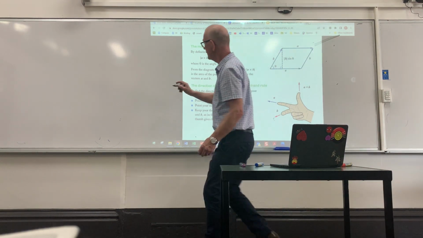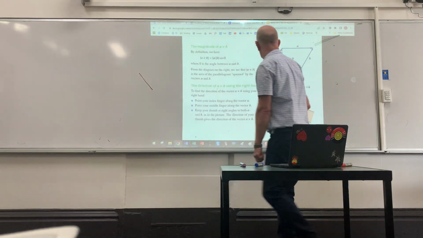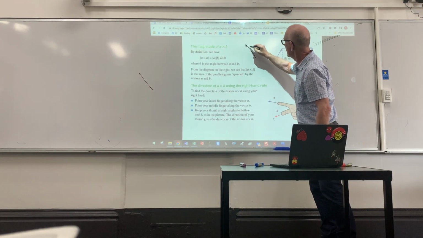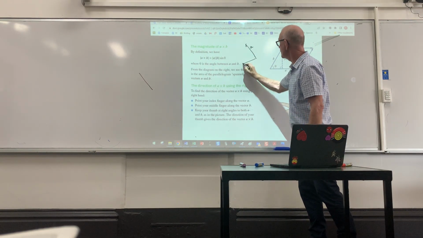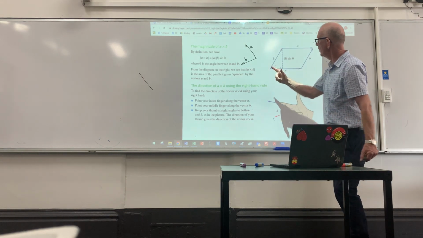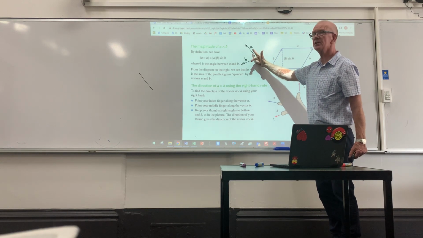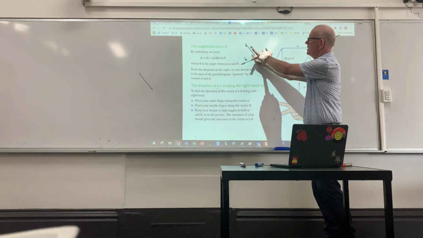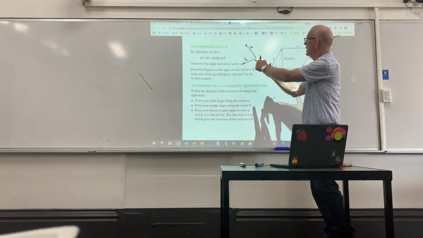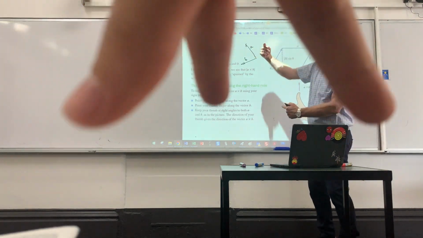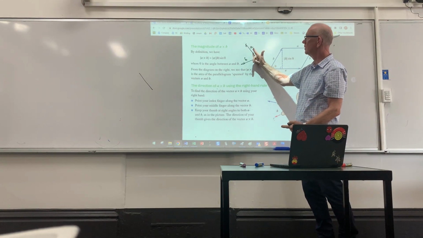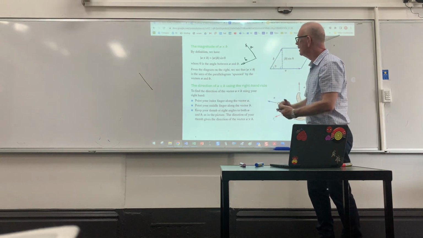So, if this was A and this was B, my index finger goes in the direction of A, my second finger goes in the direction of B, and this here is the cross product which comes out of the wall towards me. Would that be correct? Yeah.